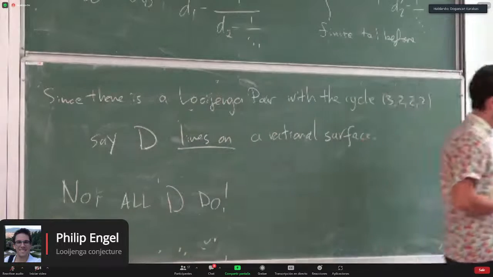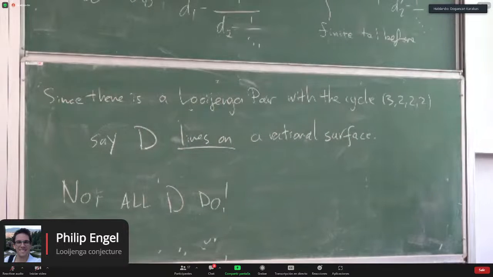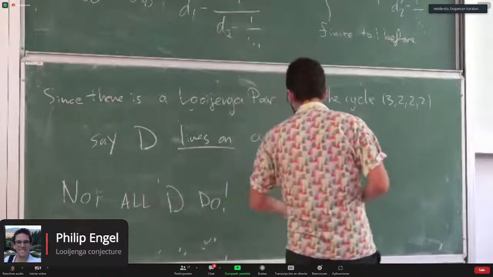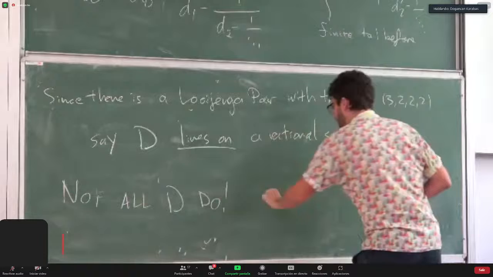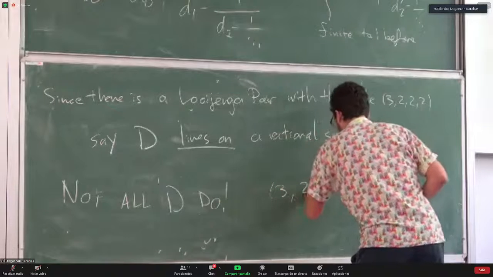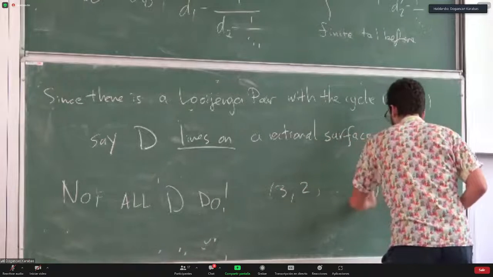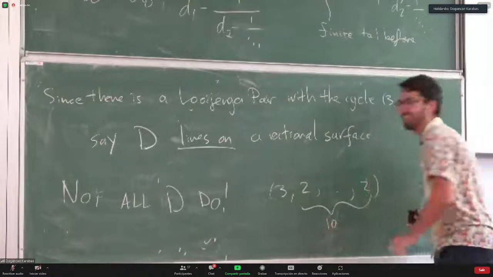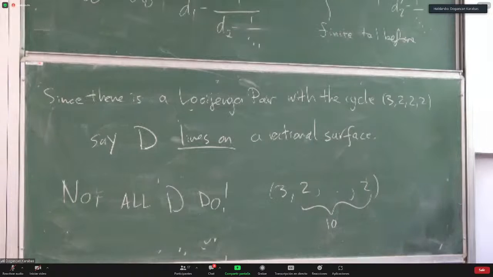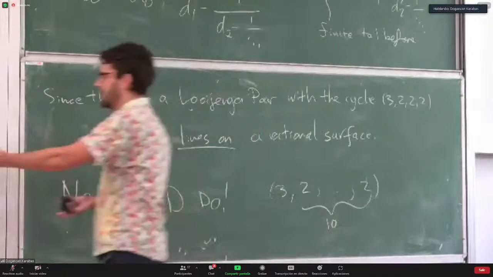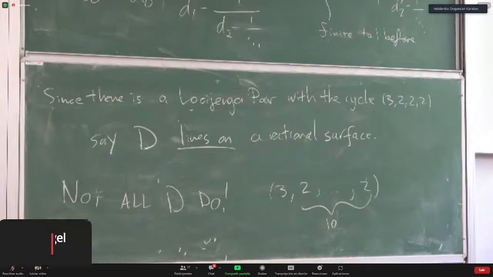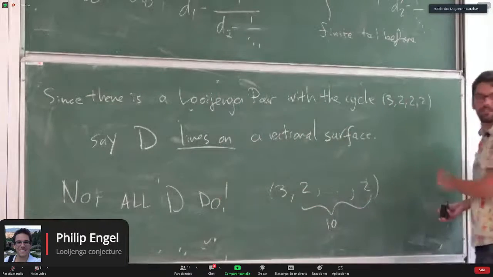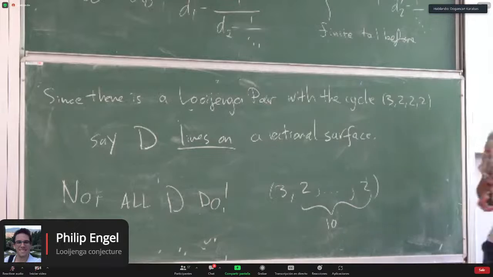Not all cycles can be realized on some rational surface as the anti-canonical divisor. So maybe the simplest example, unfortunately, is like 3 followed by 10 2s. You cannot find an anti-canonical pair whose self-intersection sequence of its cycle of rational curves is -3, -2, -2, -2, 10 times. It just doesn't exist.